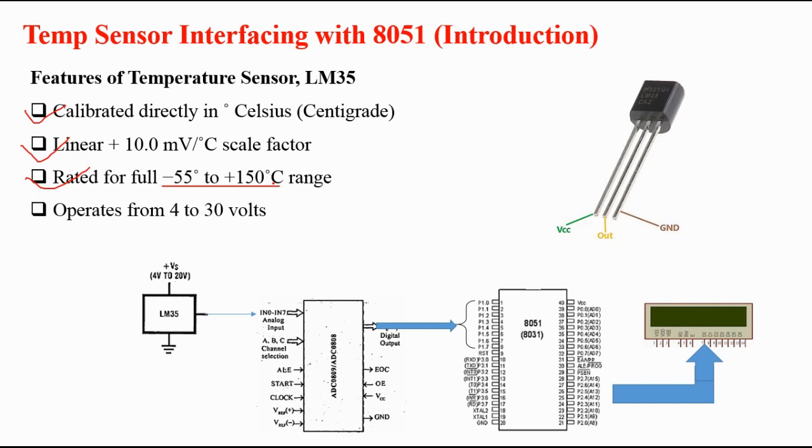Now the outer area of the sun has a temperature of more than 150 degrees centigrade. So in that case, this type of sensor will not give the proper output. That is why the temperature range is specified here, and it is called the operating temperature range.